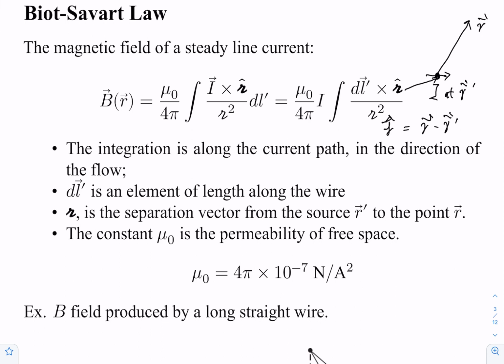And here this is simply the line element of a line current, sorry. And here this is the separation vector squared.